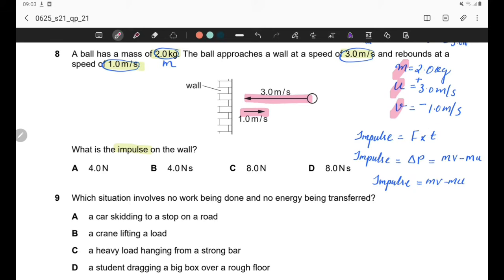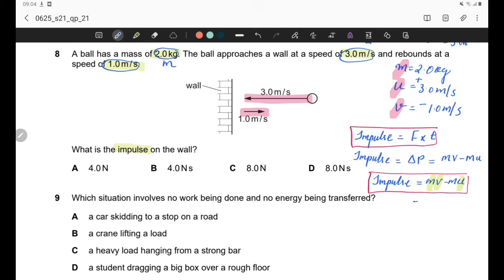So we have these two equations for impulse, but in this particular question, as we are provided with the mass and initial and final velocities of the ball, we can use the second equation of impulse, that is mv minus mu.